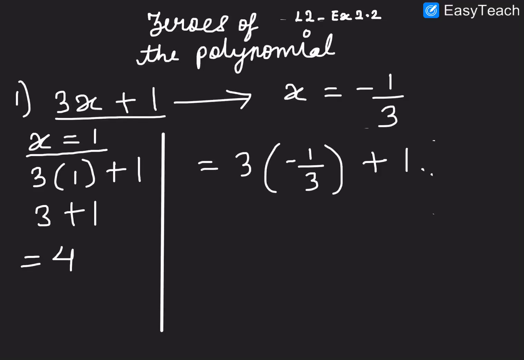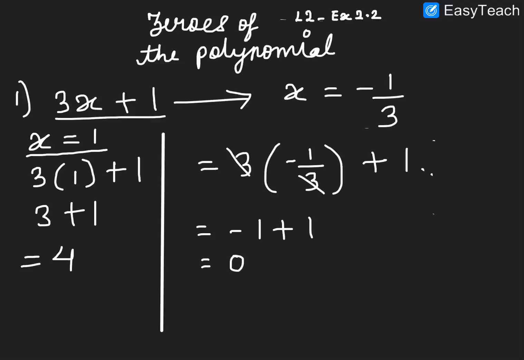Now in this case, minus 1 by 3 is a fractional term and 3 is a whole number, and the sign between them is multiplication. As we have multiplication, we can simply cancel, so what remains is minus 1 plus 1. And we know that minus 1 plus 1 is equal to 0.